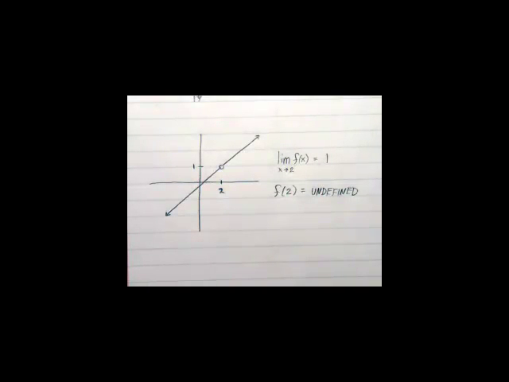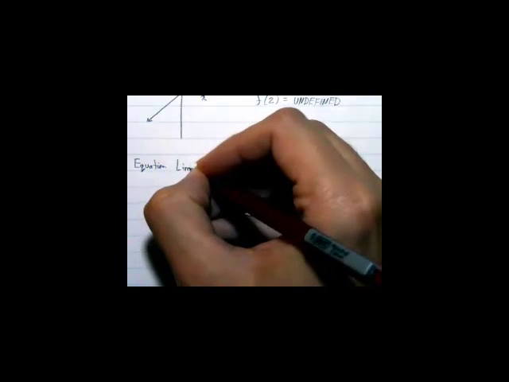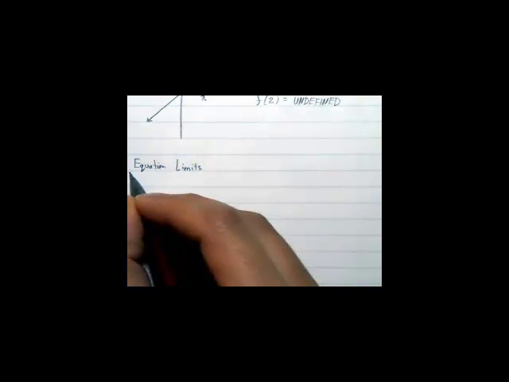So, that being said, we're going to take a look at doing limit calculations with equations. And there are some different techniques we're going to talk about with this. The first thing you always try and look for when you're trying to do a limit with an equation is, can I just plug it in?